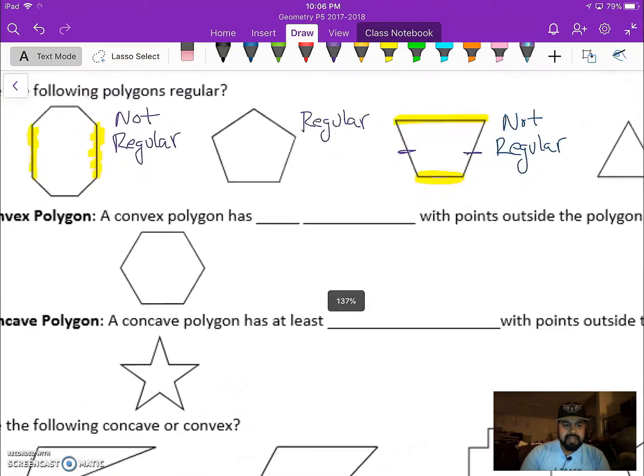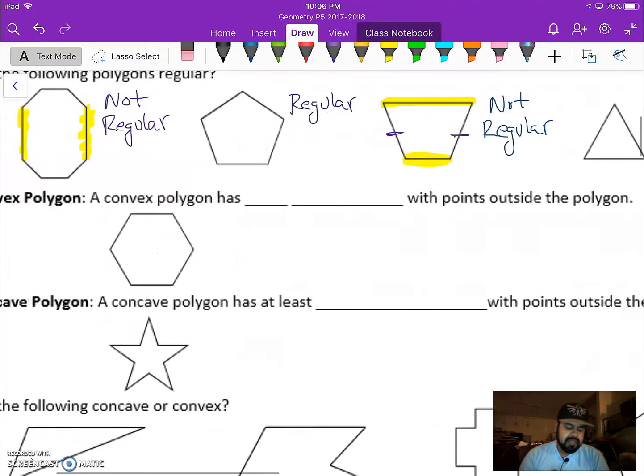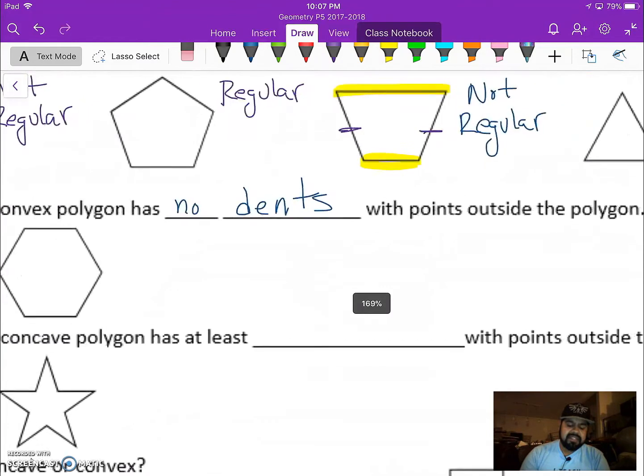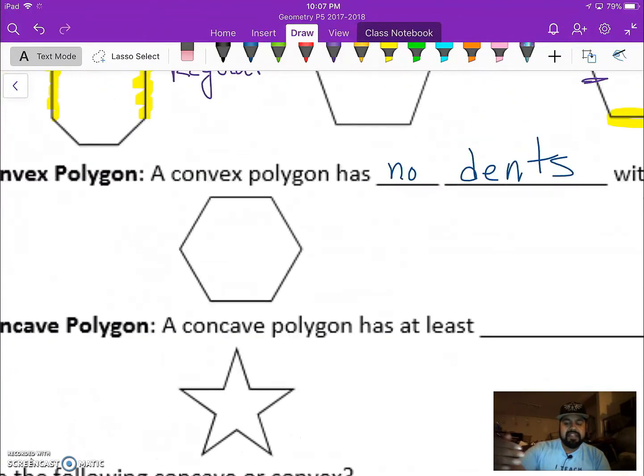Now, there are 2 types of polygons you can have. You can have what are called convex polygons. A convex polygon has no dents with points outside. What we mean by a dent is that the shape does not cave inward into the figure.